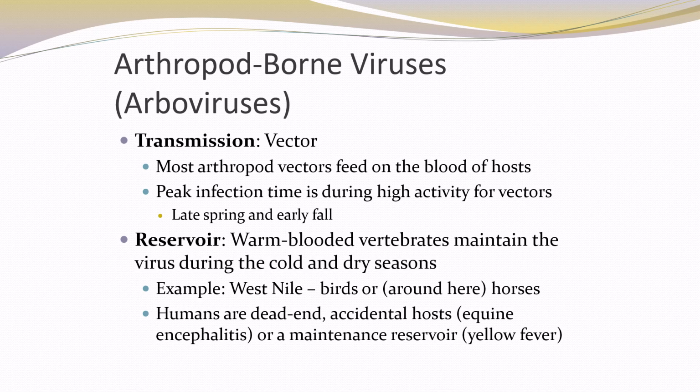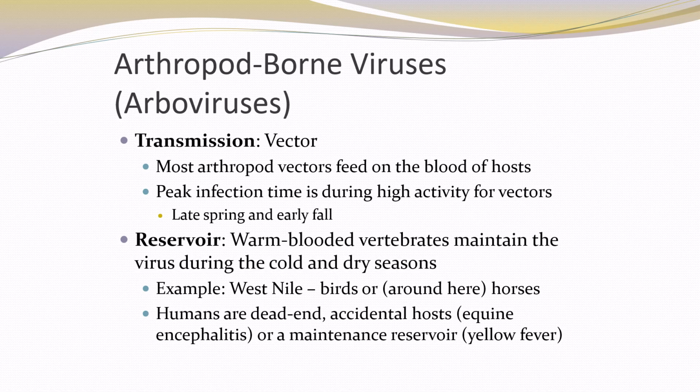That transmission, like I said before, is vector transmission, where we have some type of insect or arthropod that is feeding on the blood of a host and then is infecting other individuals. Where we see the vast majority of arboviruses popping up is usually during that emergence of arthropods, so spring and fall.